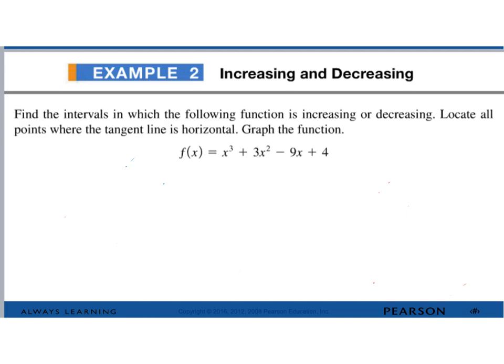And this is the problem that I gave you to do before you actually started viewing this. Hopefully you've done that. And so the first step is going to be to find the derivative.